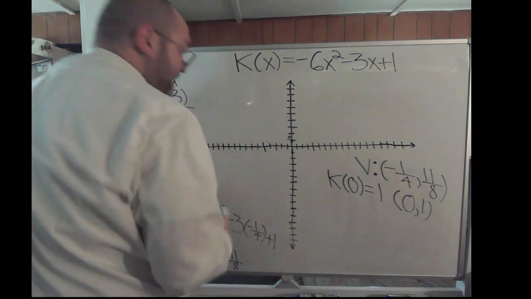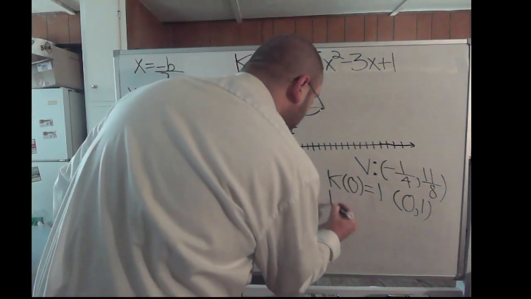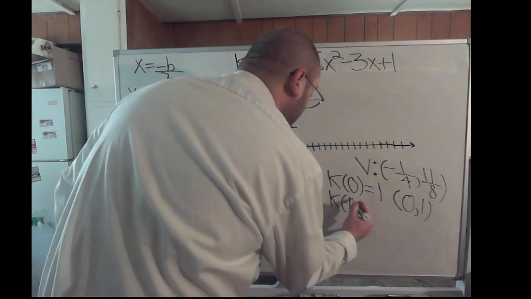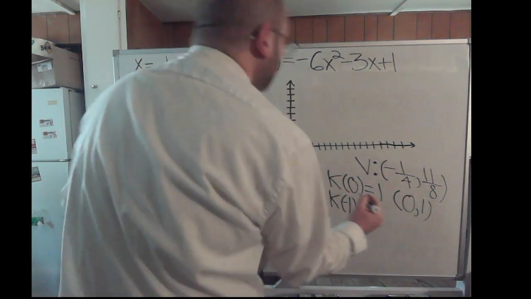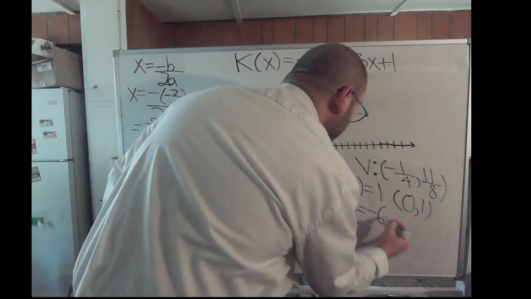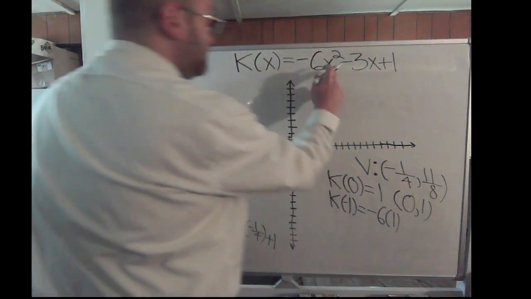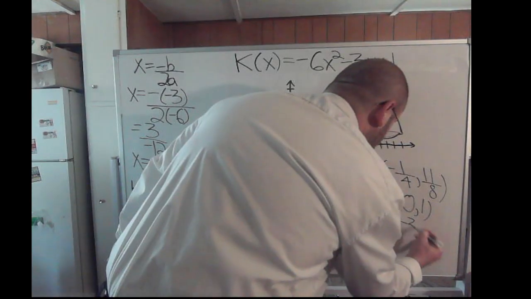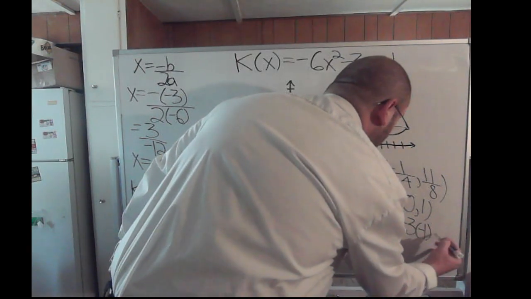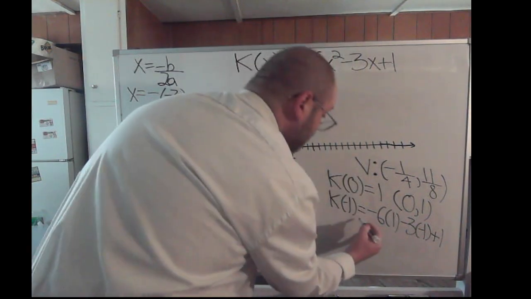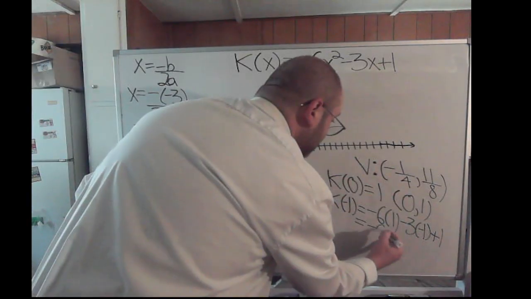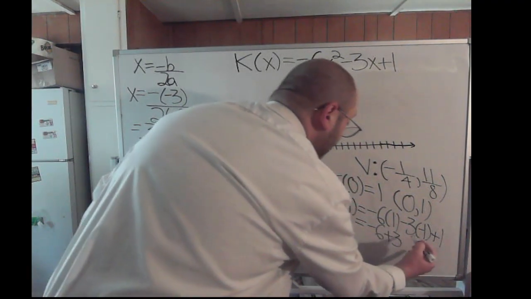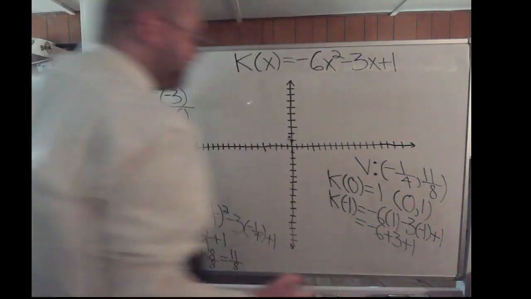I plotted that. Now how about when x is negative 1? When x is negative 1, that's going to equal negative 6 times 1, because negative 1 squared is 1, minus 3 times negative 1, plus 1. Well, negative 6 times 1 is negative 6. The negative 3 times negative 1, that's plus 3, plus 1.